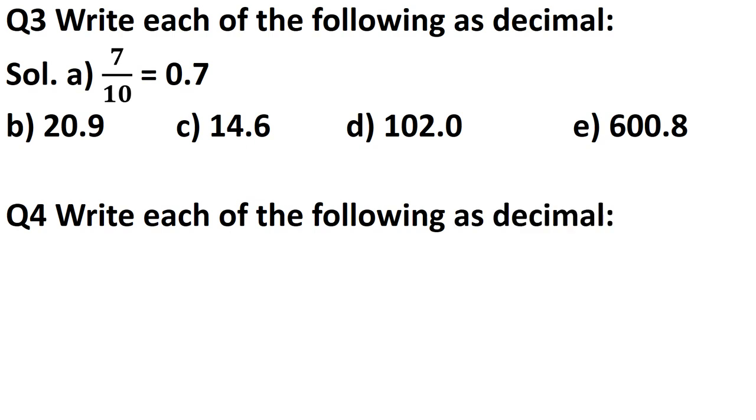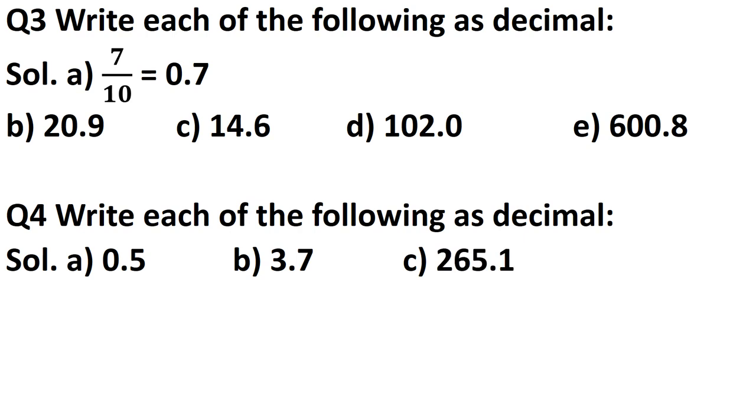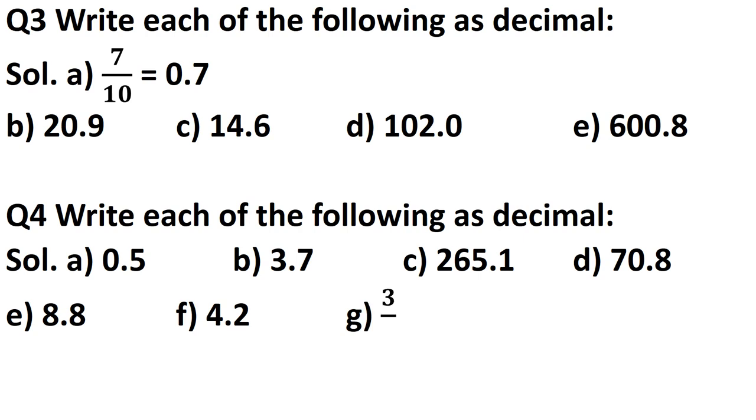Okay. So see, these are the solutions of lecture 1. Question number 4. Write each of the following as decimal. First is 0.5, second 3.7, C 265.1, D 70.8, E 8.8 and F 4.2. G is 3 upon 2.